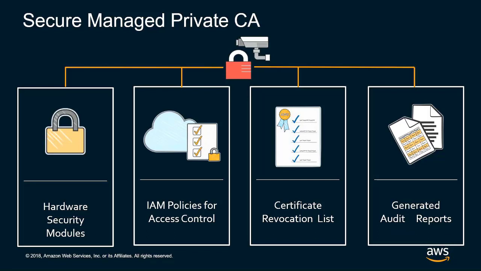As I showed, the certificate revocation list is published by ACM Private CA. That allows clients to determine the revocation status of each certificate. And finally, ACM Private CA allows you to generate audit reports so you can see the status of all of the certificates that you've issued. All of those combined add up to making ACM Private CA secure and operationally sound for your environment.